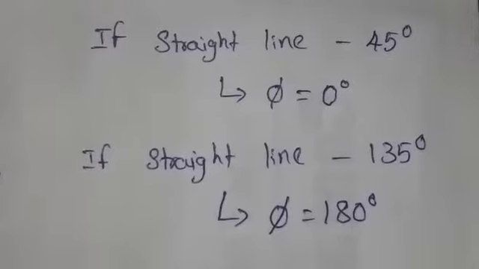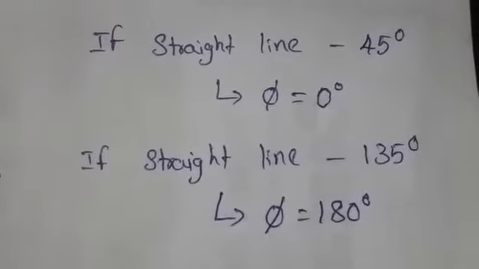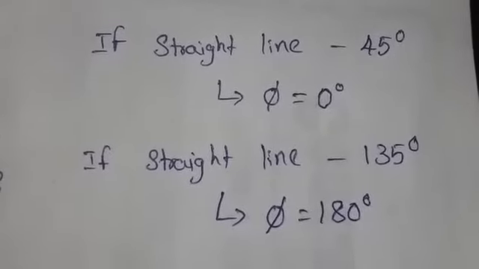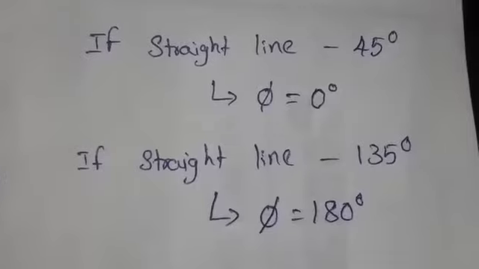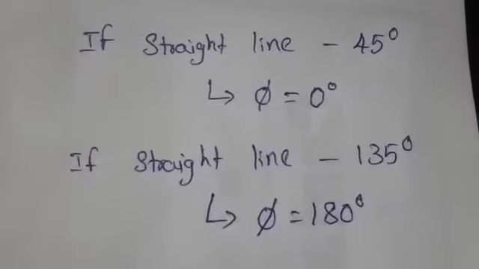Here the straight line is the shape of the Lissajous figure, having an inclination angle of 45 degrees with the positive x-axis, then the phase difference is phi equal to 0 degrees.